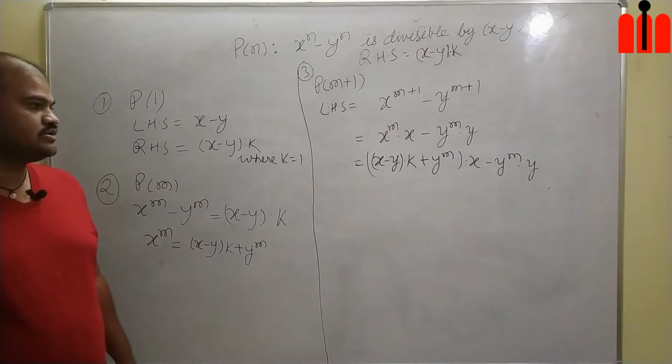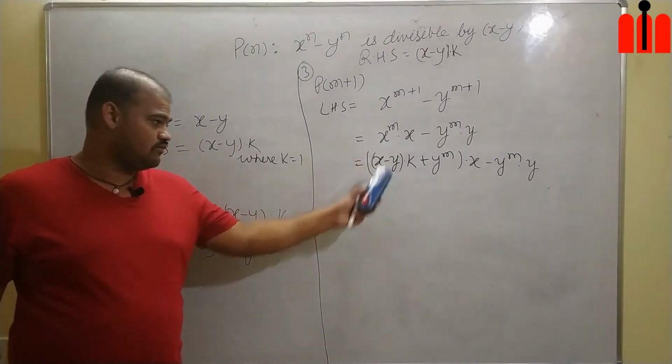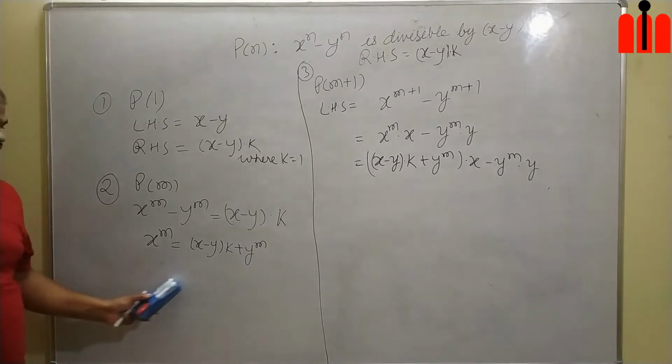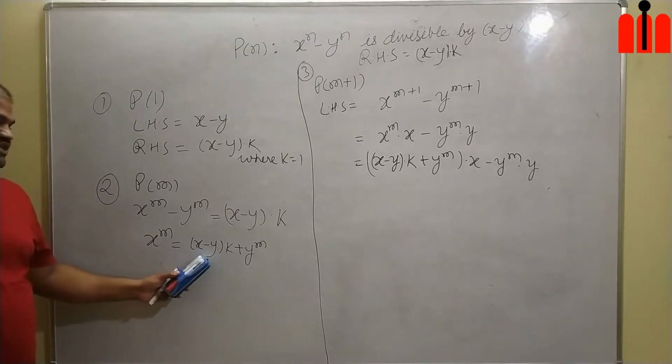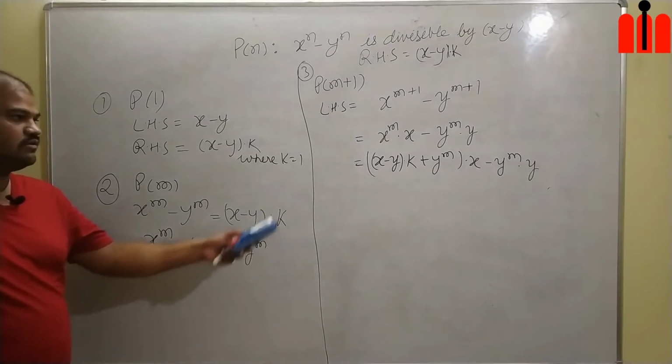So what I had done is substitute x to the power of m from here. So my x to the power of m will be x minus y into k plus y to the power of m.